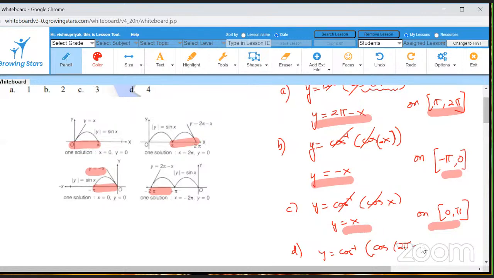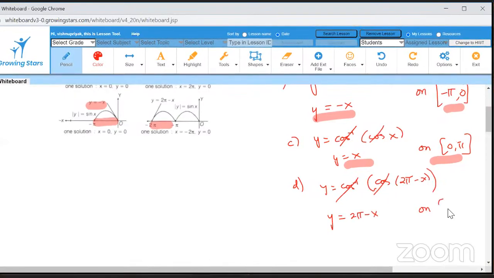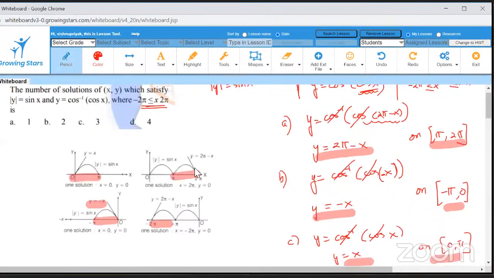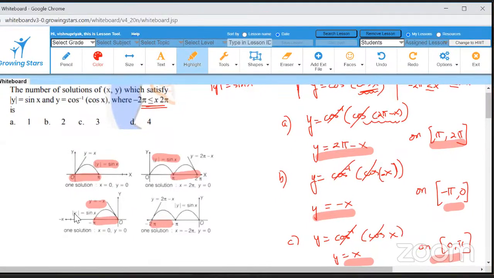So I will write 2 pi minus x as I have written here. Cos inverse and cos cancel, and y will be equal to 2 pi minus x. This I am taking from minus 2 pi to minus pi. Four different intervals. Already I have drawn mod of y equal to sin x on the graph.